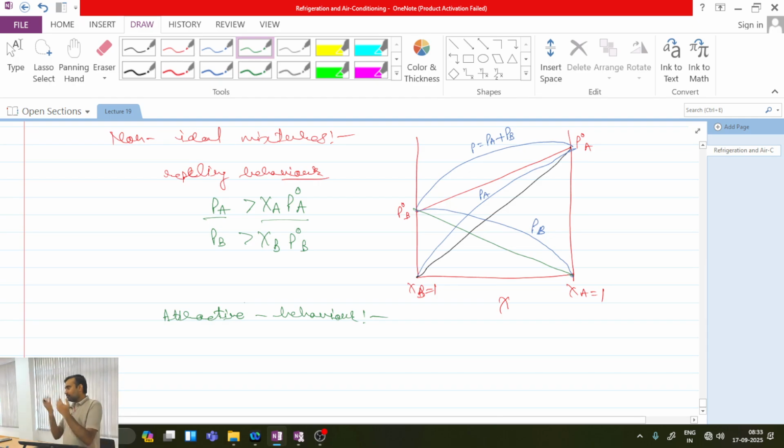Molecules will try to attract more molecules, so I will be having less vapor formation. If I have less vapor formation, pressure will be lesser in comparison to the ideal situation. So PA will be less than chi A, P naught A. Similarly, PB will be less than chi B into P naught B.